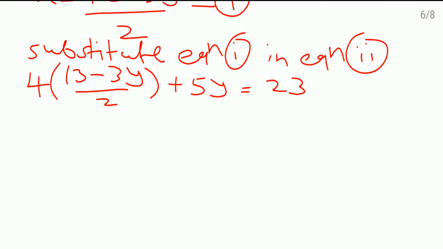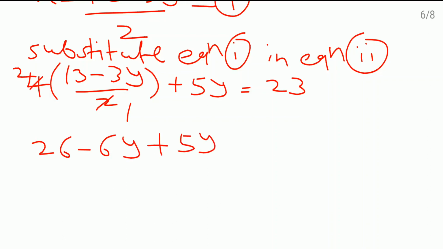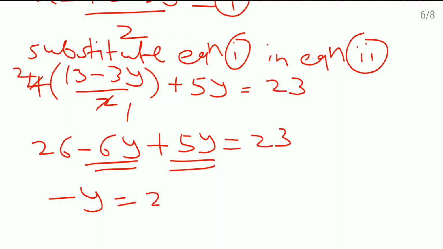Here 2 ones are 2, 2 twos are 4. Now 2 into the bracket 13 minus 3y. So 13 twos are 26, minus 3 into 2 is 6y, plus 5y as it is, which is equal to 23. See, minus 6y and plus 5y, answer is minus y.